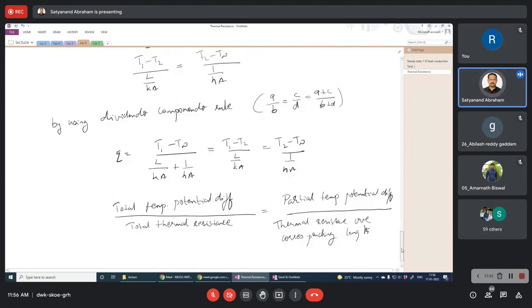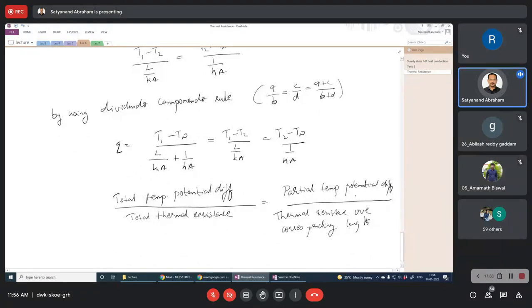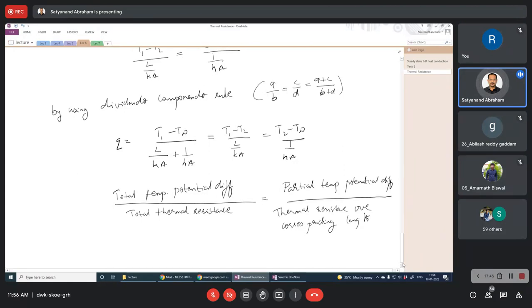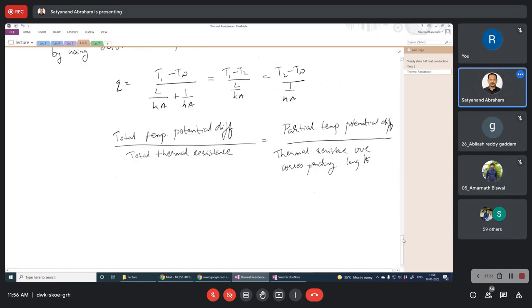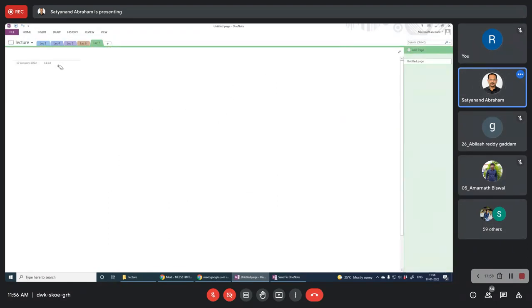These are two different parts. It is equal to the partial temperature potential difference T1 minus T2 divided by the thermal resistance over the corresponding length, which is L by k, or T2 minus T infinity divided by 1 by h. That is how we can use thermal resistance for different conditions. Sorry, I should have written it in lecture 7. Anyway, any doubts in that?